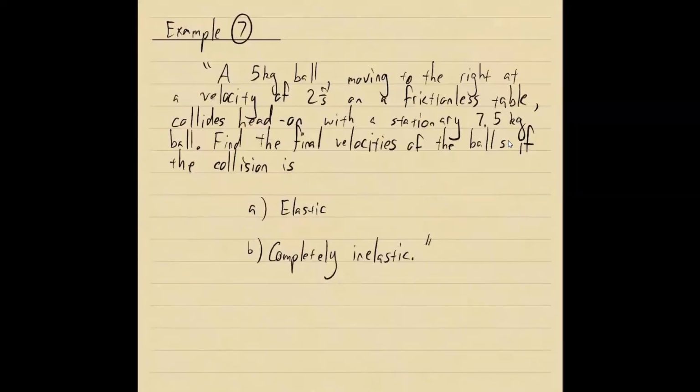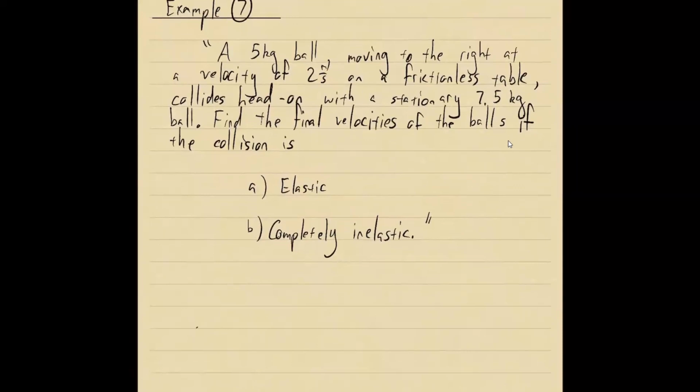All right, so let's just draw a little picture to get our bearings. To start with, we have ball 1 and ball 2. These are not drawn to scale. Ball 1 has a mass of 5 kilograms. Ball 2 has a mass of 7.5 kilograms.